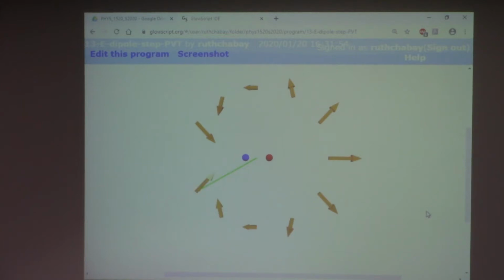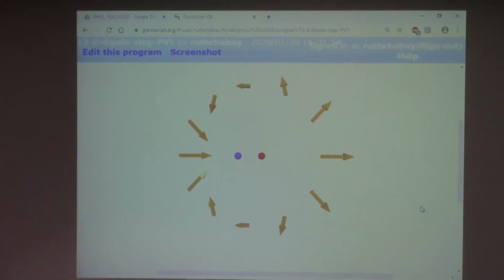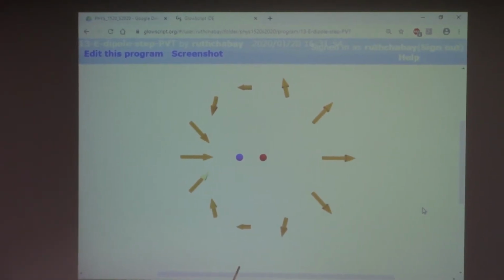Positive, negative, and finally here, positive, negative. So that's kind of an interesting pattern of field. And note that, of course, in each case, the tail of the arrow representing the field is at the location where we're measuring the field. So the tail of the arrow is at the observation location.